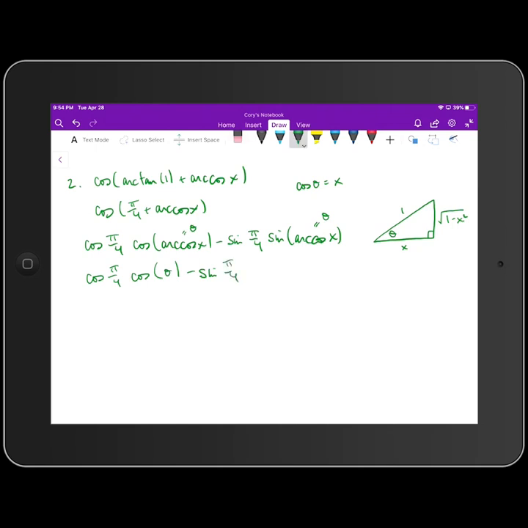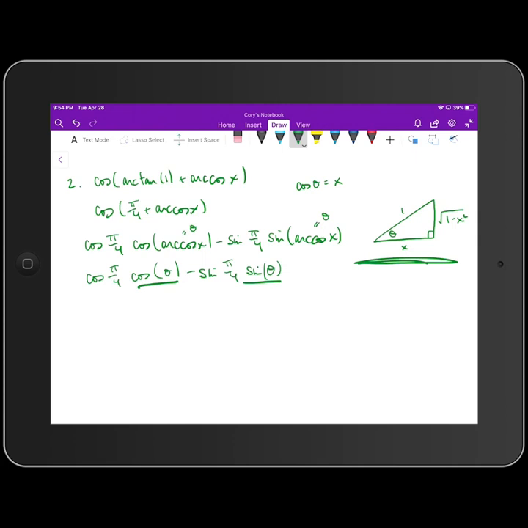And then again, we're going to replace the arccosine of x. The output for that is going to be some angle theta. So all we need to do then is come up with expressions for both the cosine of angle theta and the sine of angle theta based on the diagram that we have over here.